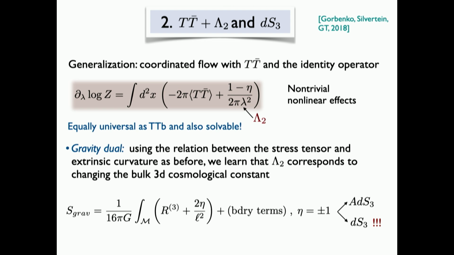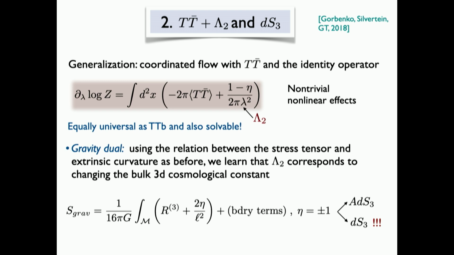And now we can ask the question, okay, what's the gravity dual of that? And just by repeating the previous exercise I showed with the Brown-York stress tensor, it is in fact easy to show that this parameter eta that we have introduced here basically acts to change the bulk cosmological constant in this way. Okay? So basically taking eta equal to +1, which corresponds to having negative cosmological constant, that's the AdS case, and then lambda2 is 0, we recover pure TTbar.